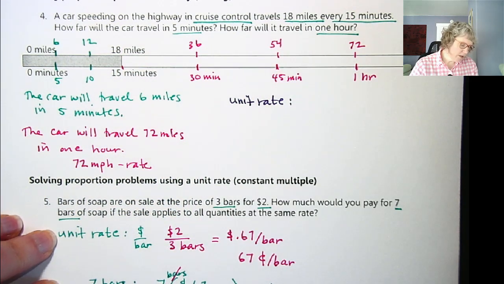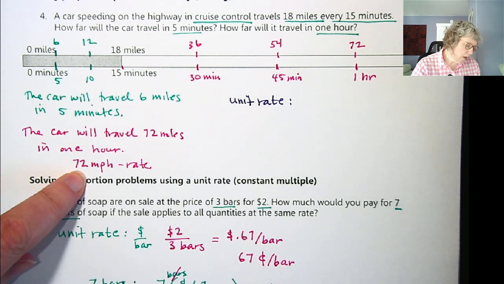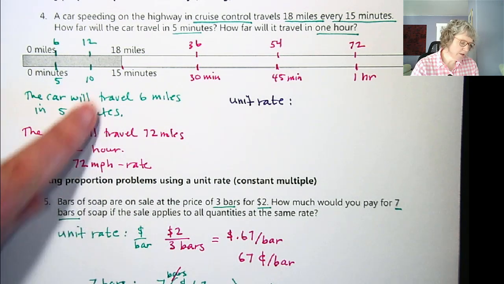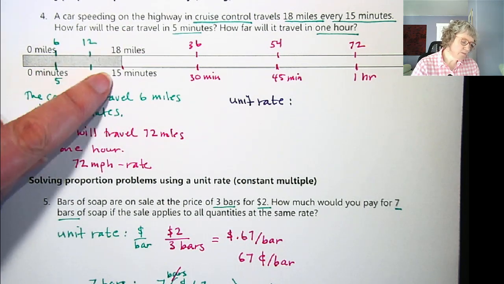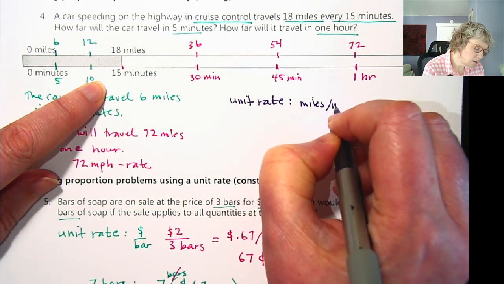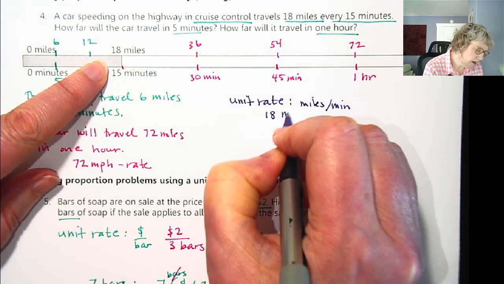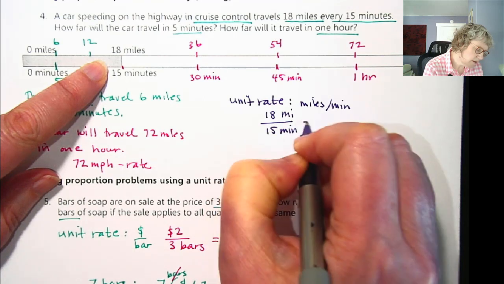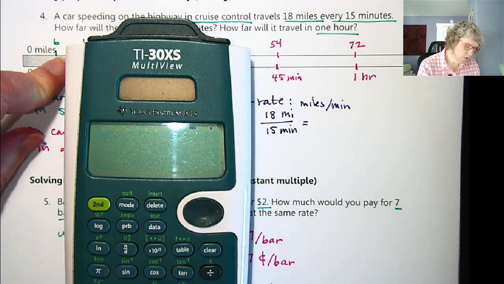We did come up with a unit rate in miles per hour, but I'm going to go back to our original information we were given, miles per minute. So I'm going to do miles per minute because we had 18 miles over 15 minutes, or 18 miles every 15 minutes. So let's see what that is as a unit rate.